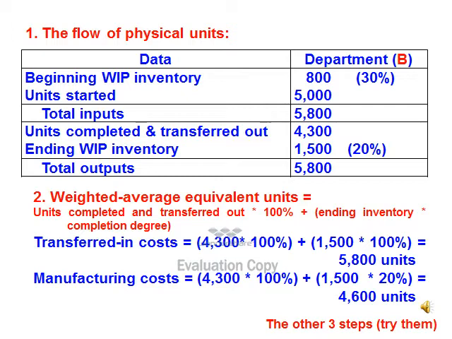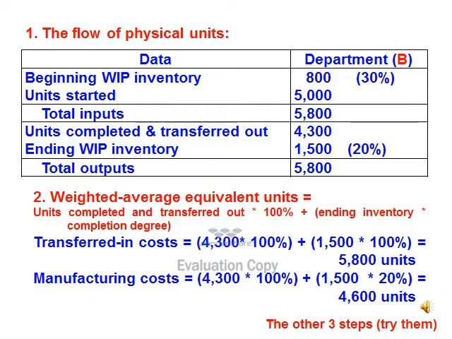The second step, the equivalent units, equal units completed and transferred out times 100% plus ending inventory times the completion degree. For the transferred in cost: 4,300 units completed and transferred out times 100% plus ending inventory 1,500 units times 100%.